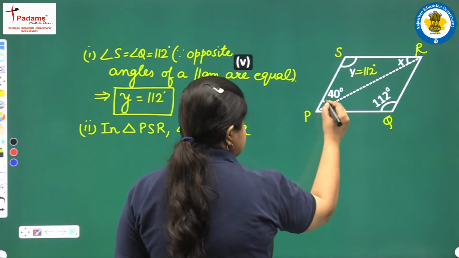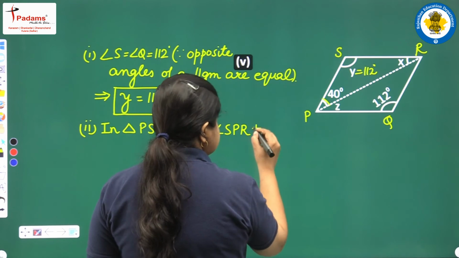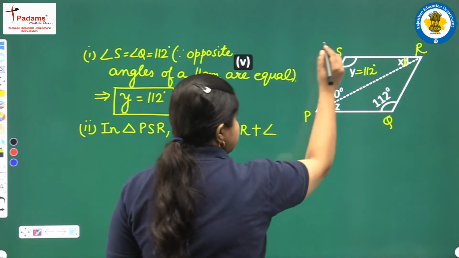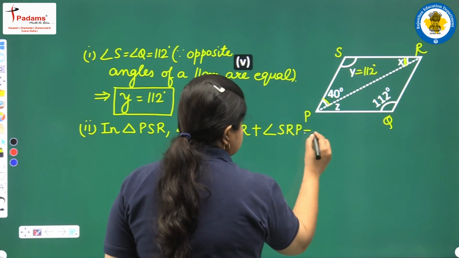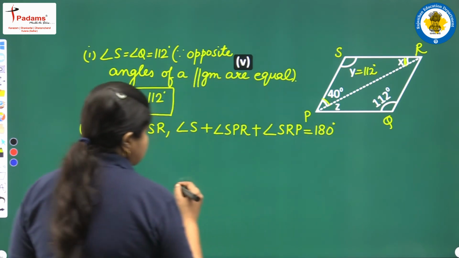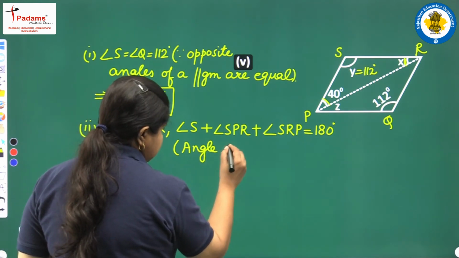We are taking this upper angle, so it is angle SPR, plus we are taking this angle X, so it is angle SRP. Their sum is equal to 180 degrees by using the angle sum property of a triangle.